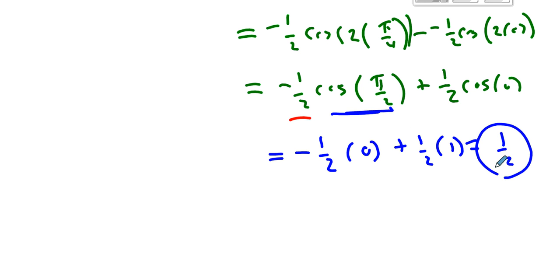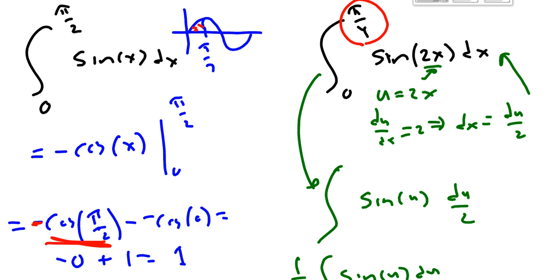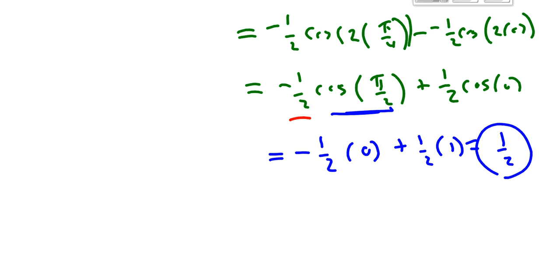And if you think about it, the picture looks very similar to the picture we drew for the other integral, which I kind of tucked up here, but here it is. I'll circle it. There's the picture for the other integral when we went for sine x from 0 to pi over 2. This integral is we're graphing y equals sine of 2x.